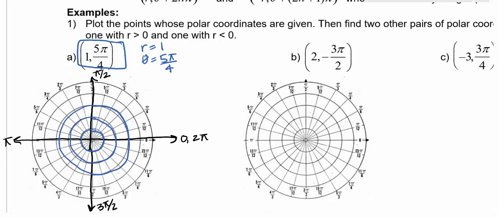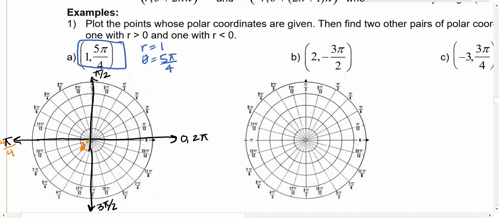Okay? So I'm going to be on that innermost circle, and I have to find 5 pi over 4. Well, in terms of a whole pi, this is 4 pi over 4. So I'm 1 pi over 4, or halfway past pi. So let's see if I can, oops, I went too far, with a radius of 1.